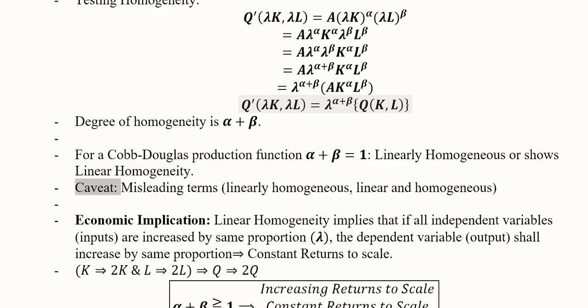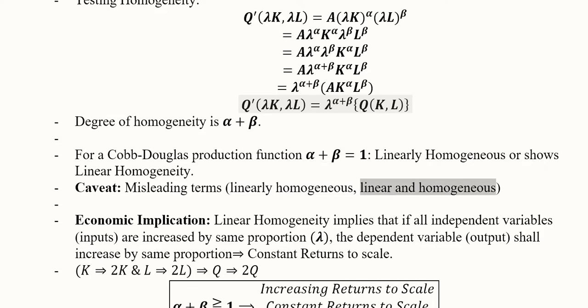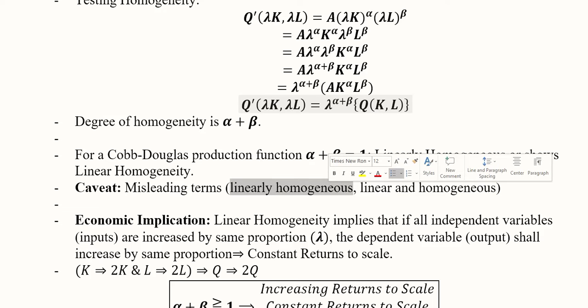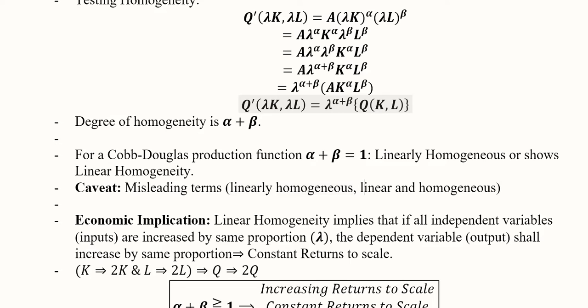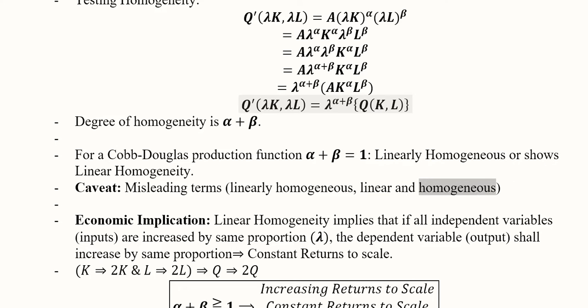But there is a caveat here, because these two terms can be intermixed, that is linearly homogeneous versus linear and homogeneous. Here we are simply talking about homogeneity and its degree. However, there are two different concepts. One is the linearity of the function, the other is the homogeneity of the function.